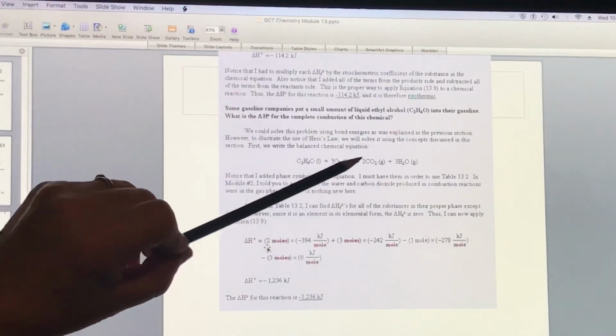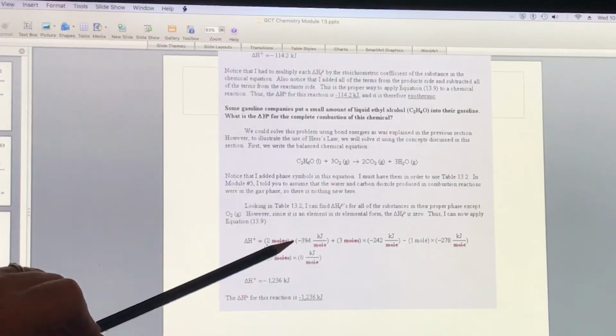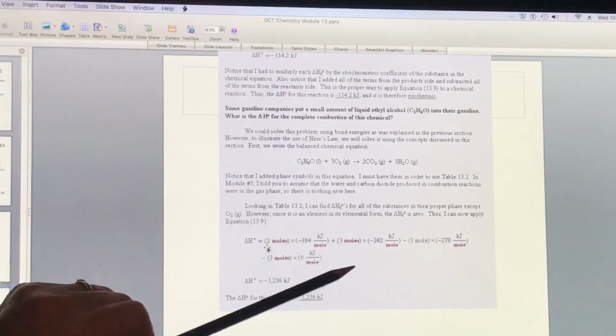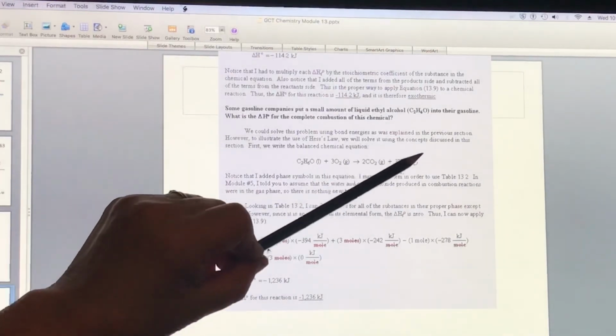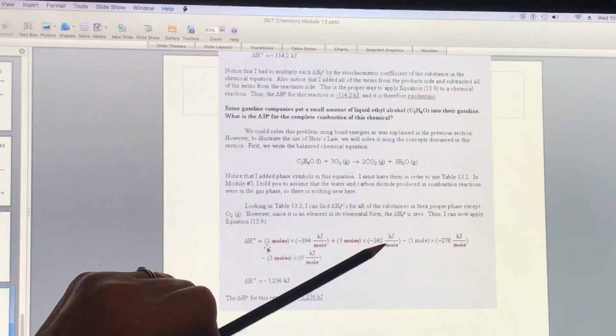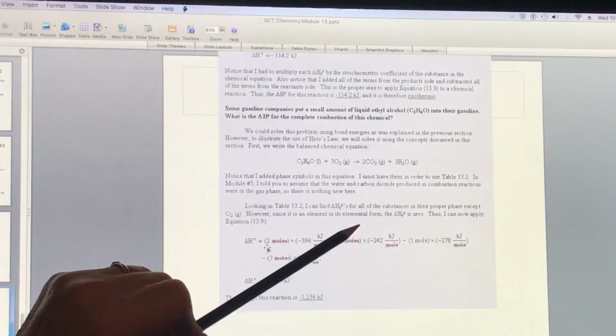And since we had 2 of these, it's 2 times the negative 394. This would be the value for the CO2. Then we go to the water here. 3 times the value of the water, minus 242. And now we've finished our products.